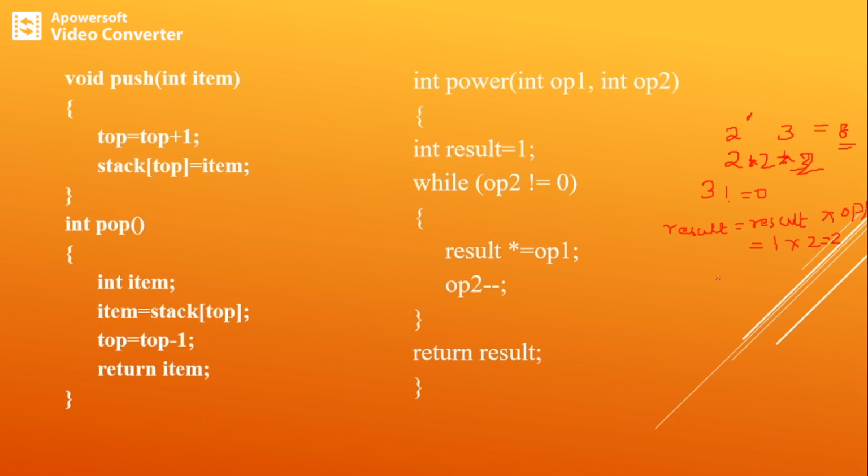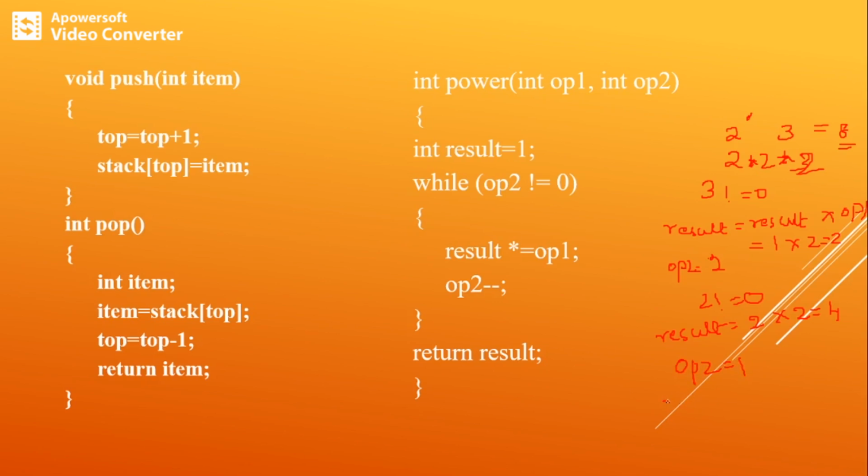Then decrement operand 2, so operand 2 will be 2 now. After that, go back to the while loop. 2 is not equal to 0. The result gets updated because the result earlier was 2. Now if you multiply with 2 you get 4. Then operand 2 will be decremented, and will become 1.